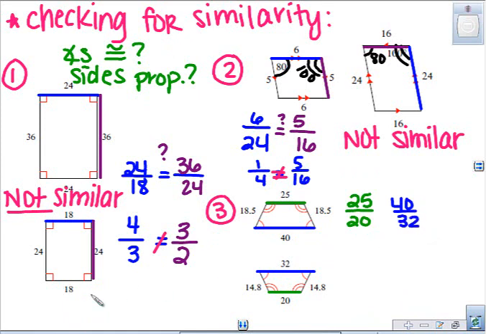And now here there's a third measurement, the legs, okay, of these isosceles trapezoids. And I have to check that as well, because all the sides have to be proportional. So I will do 18.5 to 14.8.